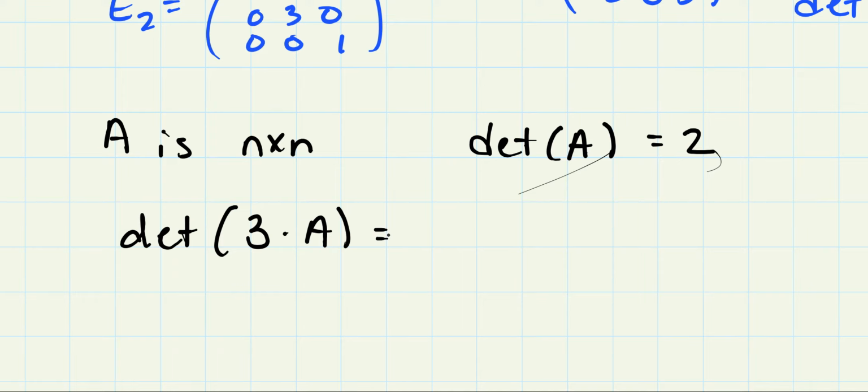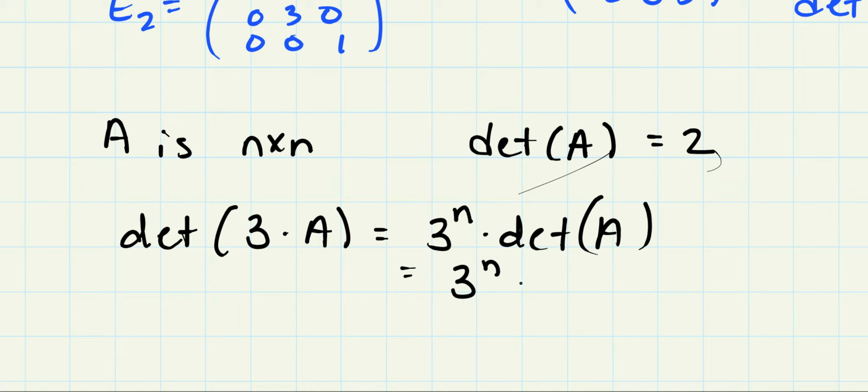Well, this is equal to 3 to the n times the determinant of A, which is 3 to the n times 2. Because every single row will get a 3, so you would have n type 2 elementary matrices that all have a 3 with it.